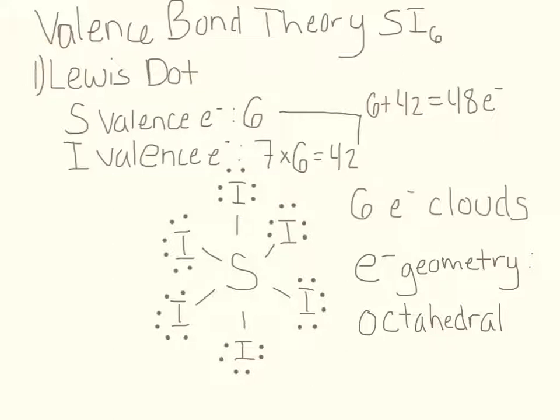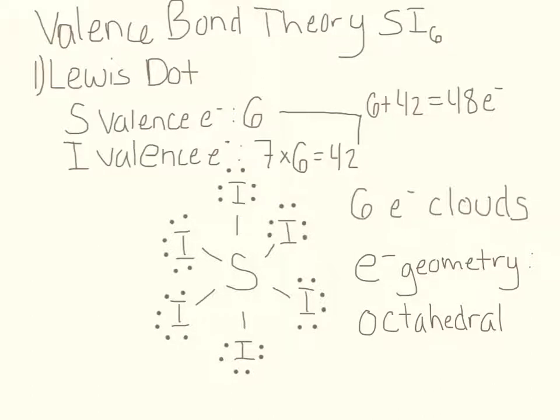But with iodide, there are 6 within this molecule, so what we have to do is times the number of valence electrons of iodide with the number of iodide atoms within this molecule. And when we times those together, we get 42.